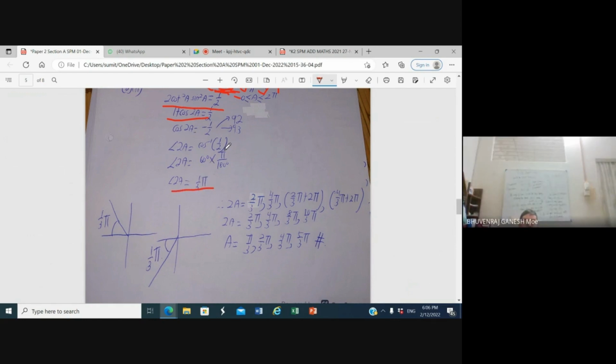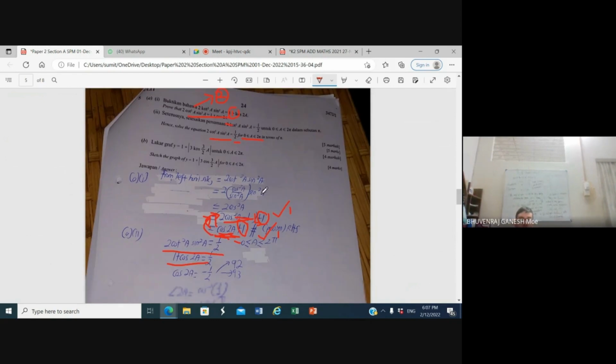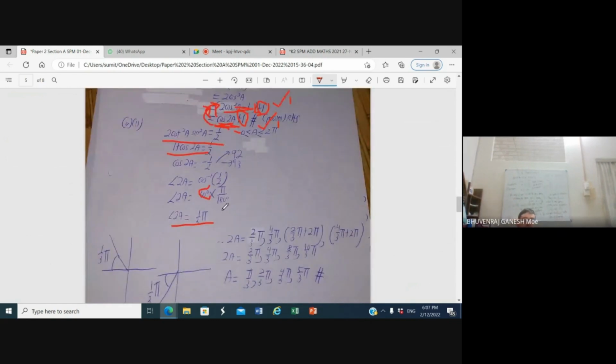Make sure you convert times pi over 180, because here you will get 60 degrees. But remember, always be aware of the range: 0 less than equal to a less than equal to 2 pi. So you must satisfy that. That's why I times pi over 180 to convert to radian.